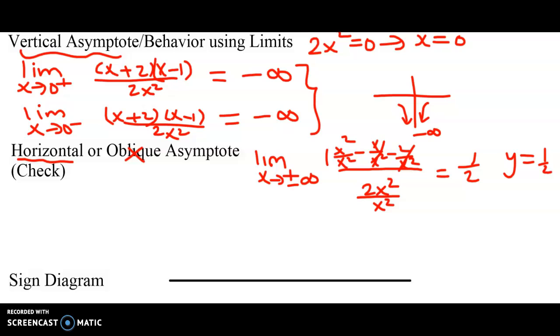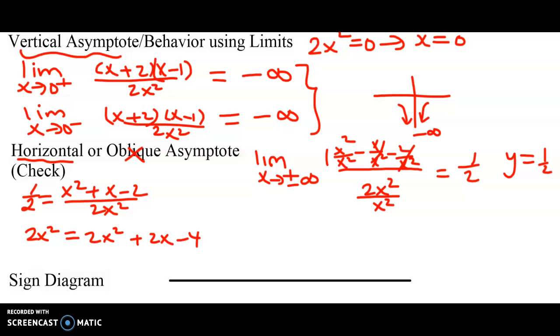But what we want to do is check to see if the function actually hits the horizontal asymptote. So we take our y value, a half, and set it equal to our function. And we cross multiply. So when you cross multiply, you get 2x squared equals 2x squared plus 2x minus 4.